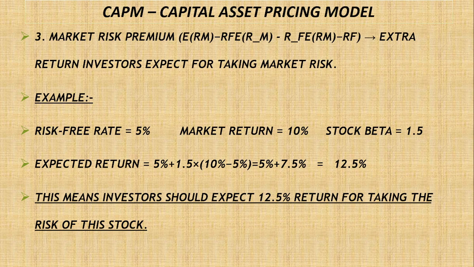For example, risk-free rate equals 5%, market return equals 10%, stock beta equals 1.5. The expected return would be 12.5% based on this formula. This means the investors should expect 12.5% return for taking the risk of the stock.